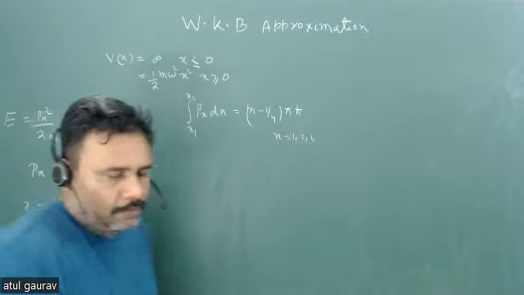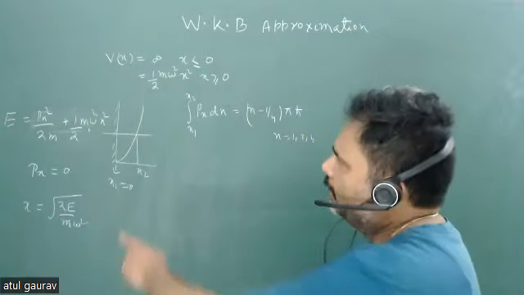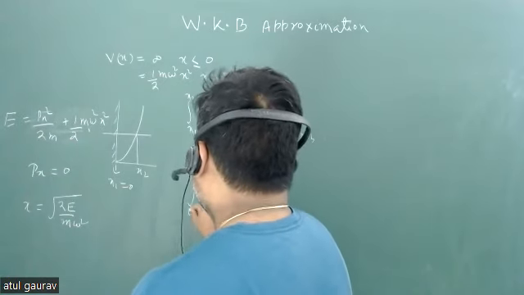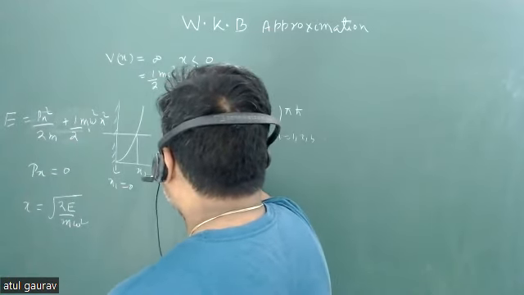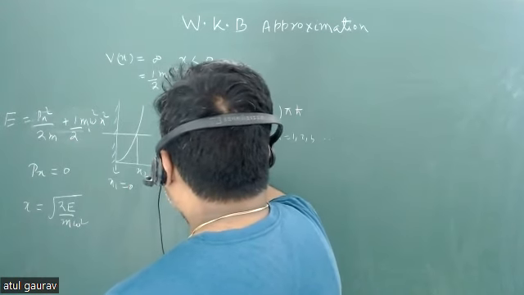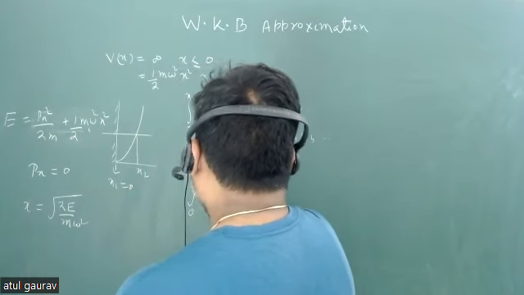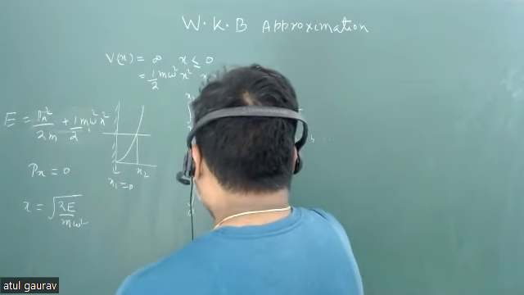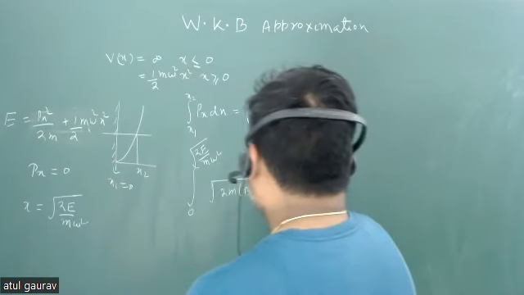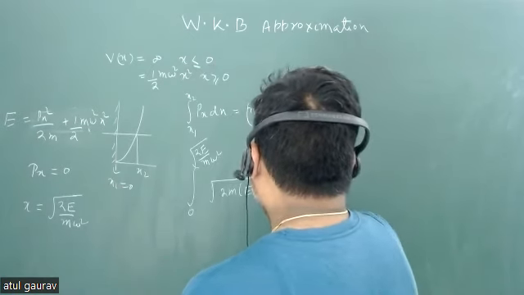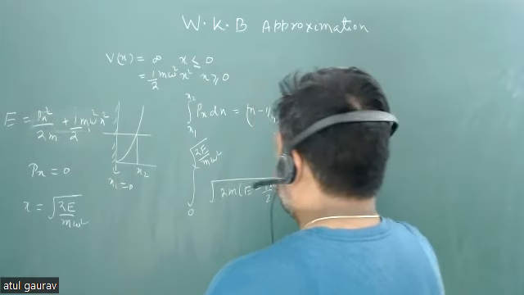So let's try to go for this integration. From here, we can also get the value of p_x. We will go from 0 to root under 2E upon m omega square, of root under 2m E minus half m omega square x square dx.